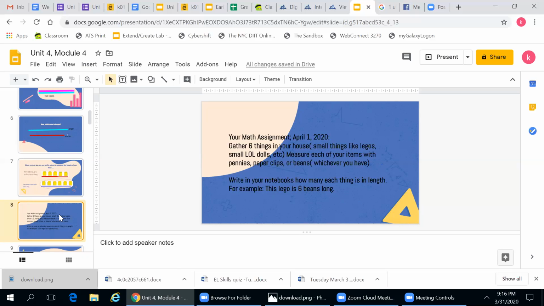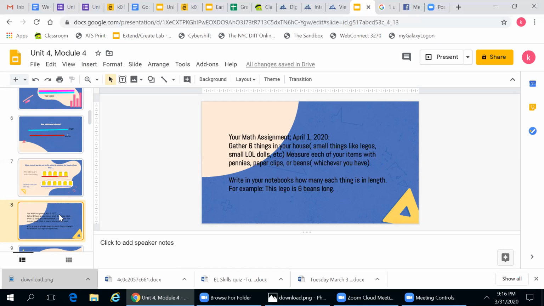So it could be Legos, it could be small LOL dolls, it could be hair clips, it could be little tiny cars, any little things that you can find. I don't want you guys to bring over big toys, okay? I want you to bring over littler toys. And I want you to measure each of your 6 items with anything that you have in your house, like pennies or paper clips or beans, whichever one you have, okay?